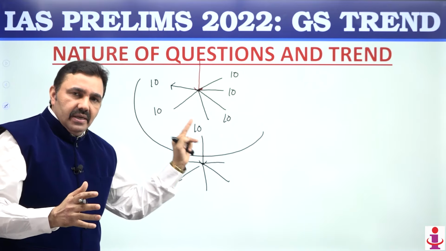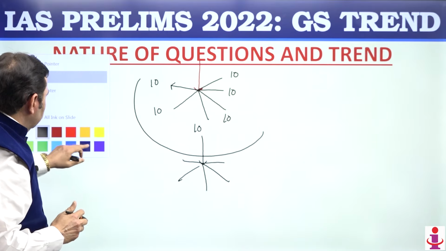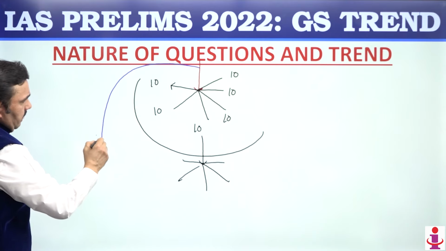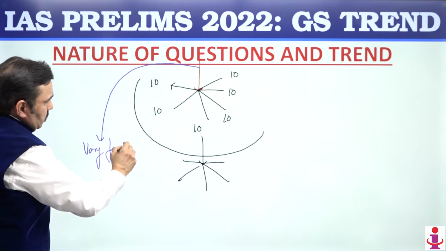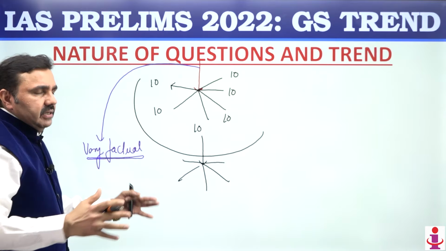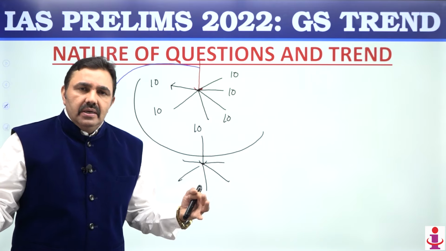That was one reason for the difficulty. The second reason is that the paper was very factual. Many questions were crude facts, such as which lake dried up in West Africa and converted into desert.